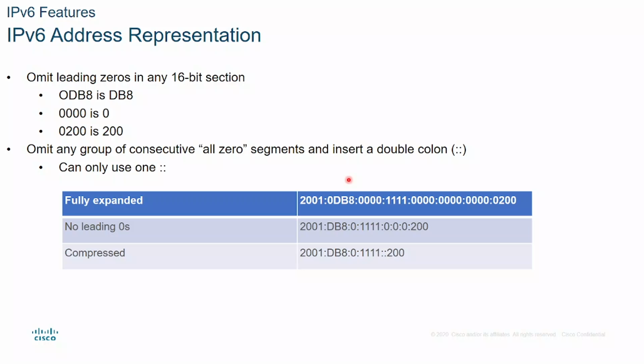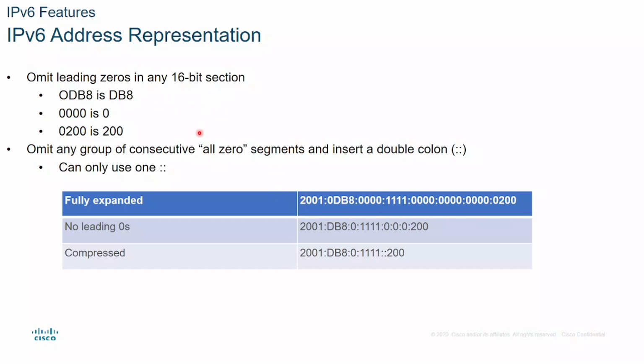Now IPv6 addresses are denoted by 16-bit sections. Because it's in base 16, the maximum value in each section is FFFF.